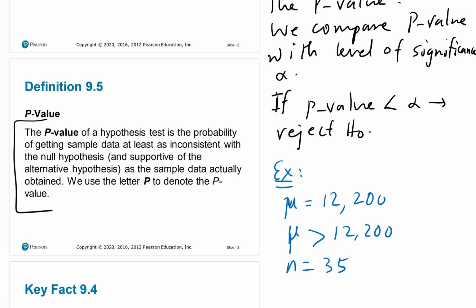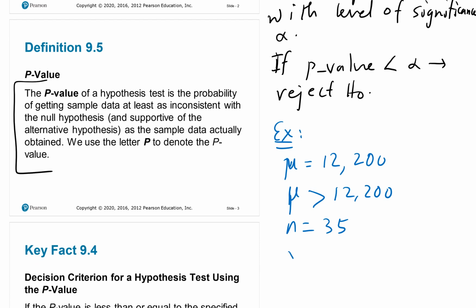In the state of Montana, the mean number of miles driven for the 35 drivers, they give us the mean. That's the mean for the sample, which is 12,895.9.